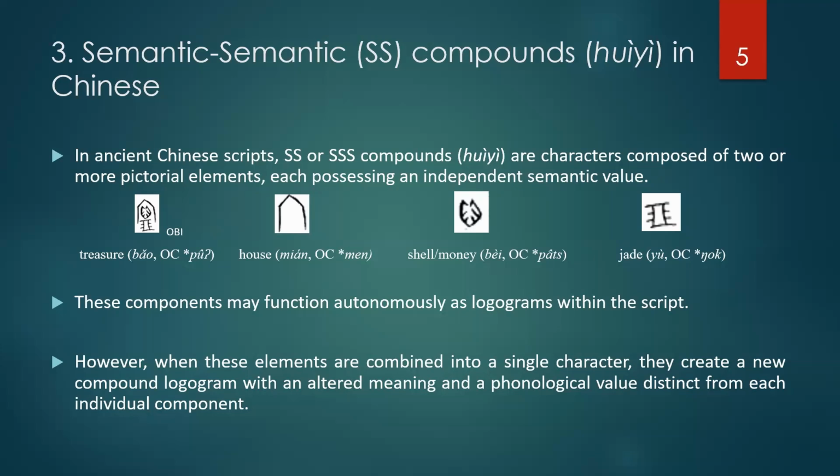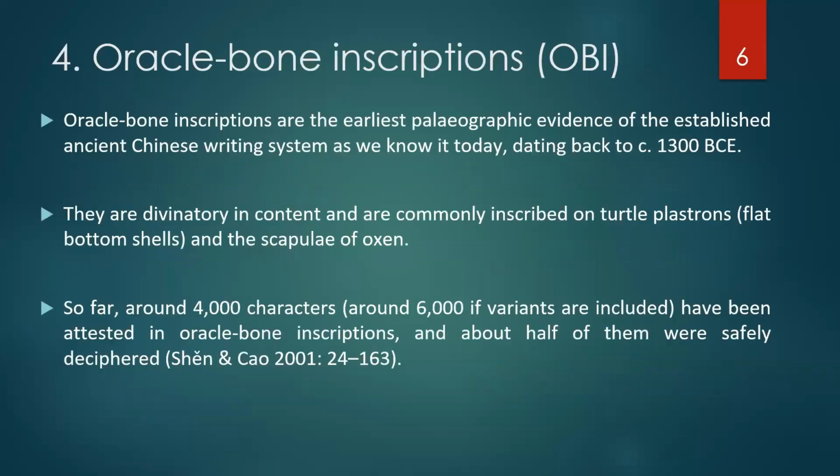Before we discuss the special type of SS compounds or scene characters, I want to provide you with some general background for the oracle inscriptions. Oracle bone inscriptions are the earliest paleographic evidence of the established ancient Chinese writing system as we know it today, dating back to around 1300 BCE.